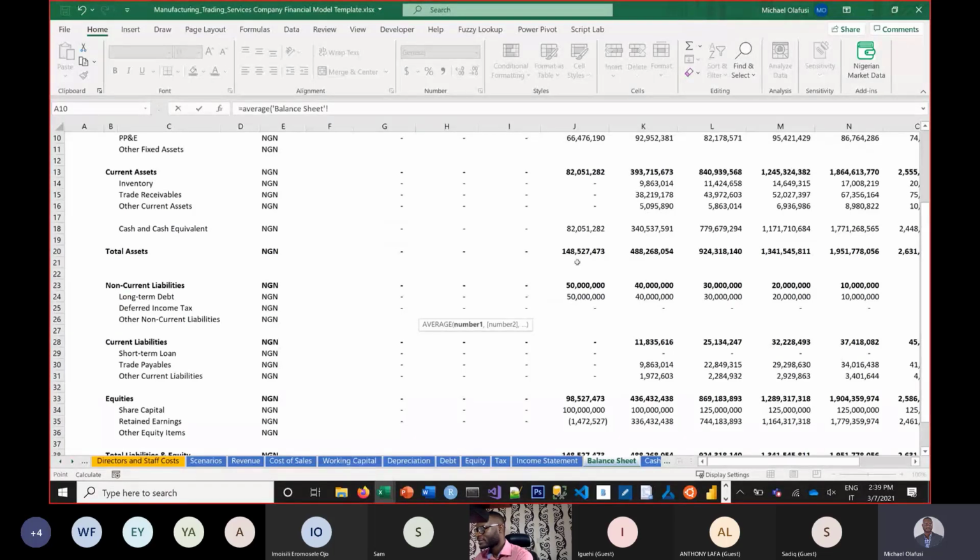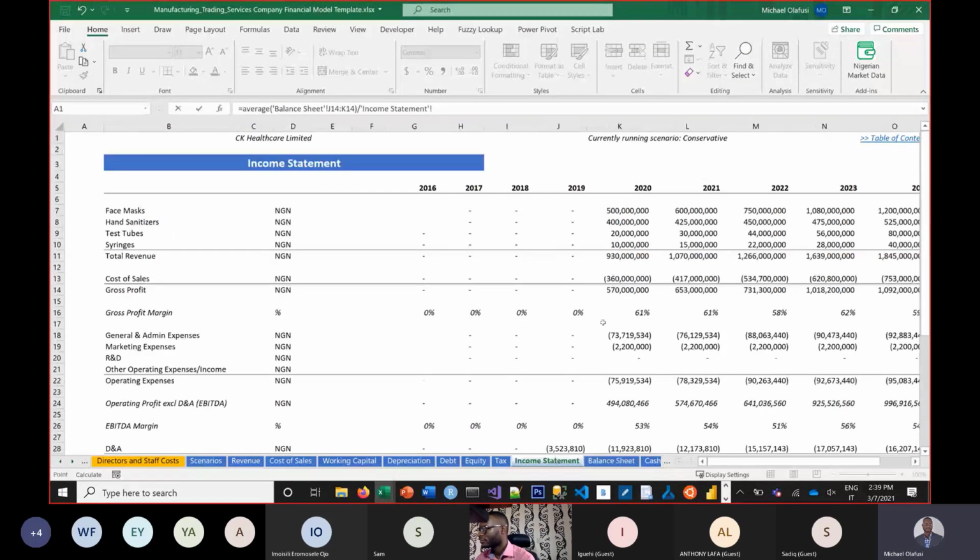I grab inventory at the start of year and inventory at the end of year. The balance sheet shows position at the end of a period, so that means I'll be grabbing the last 2 years, the current year and the previous year. The average of that will get me opening and closing inventory, and I'm dividing that by the cost of goods sold.